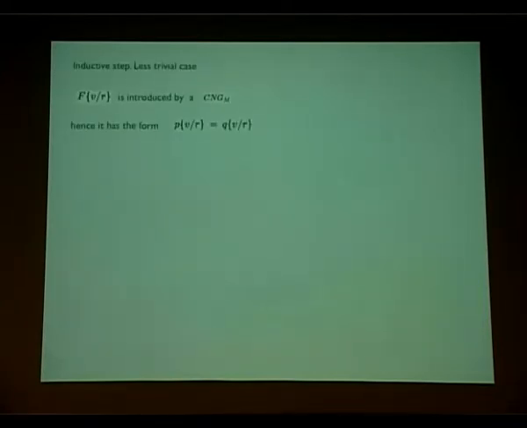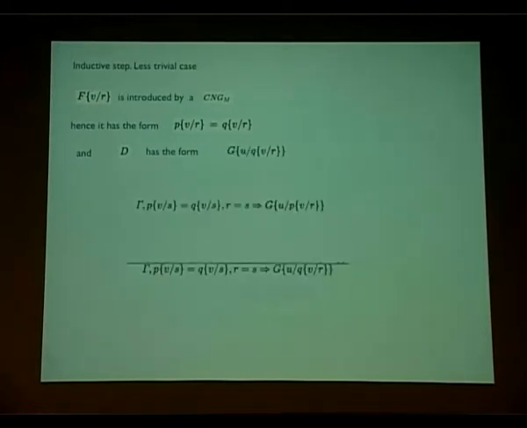When you go to the induction step, the less trivial case is this one. This f of r is introduced. It has this form by a congruence. This is what you want to prove. Then you start with what you have by induction.